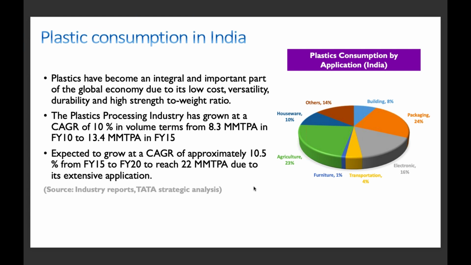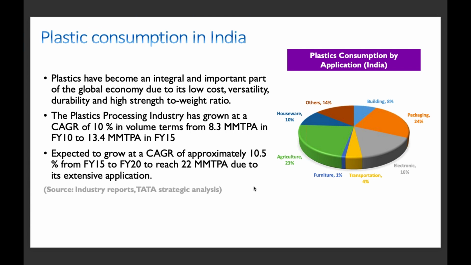So this slide essentially talks about how plastic consumption is distributed application-wise. It did not come as a surprise to me that the packaging industry uses most of these plastics. That's 24% attributed to the packaging industry.